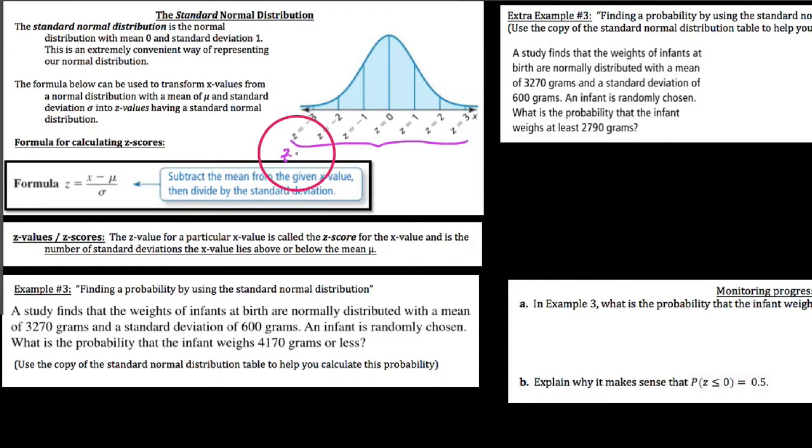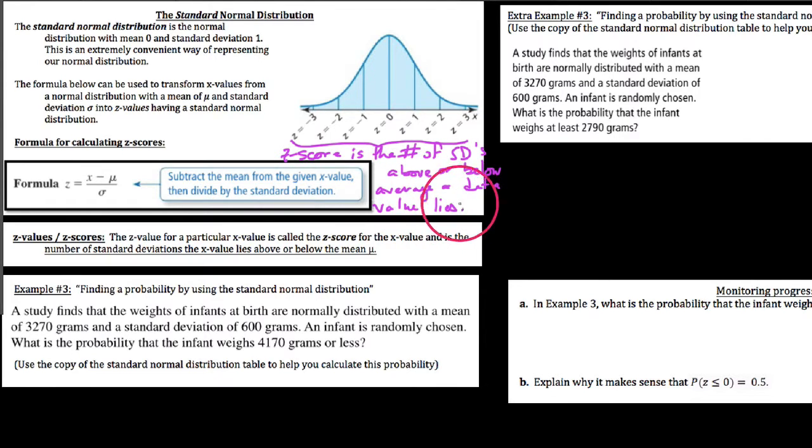So a z-score, we're going to start with this here, is the number of standard deviations above or below average a data value lies.